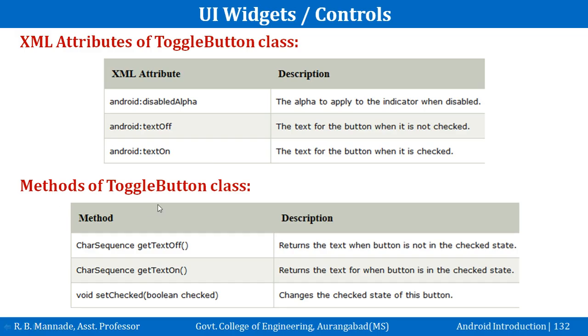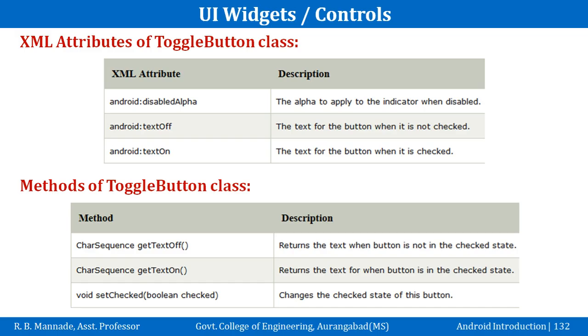Likewise, the toggle button class has some methods which are important to implement the toggle switch. For example, the first method is getTextOff. It returns an object of type CharSequence, and whenever this function is called, it returns the text when the button is not in the checked state.